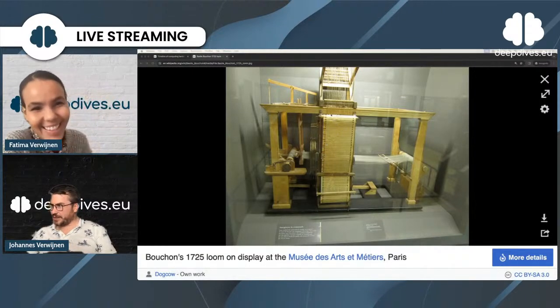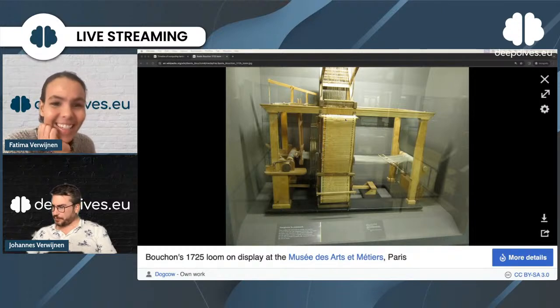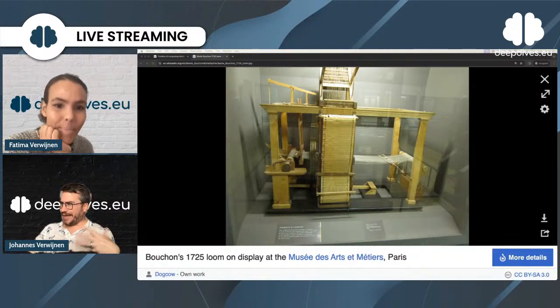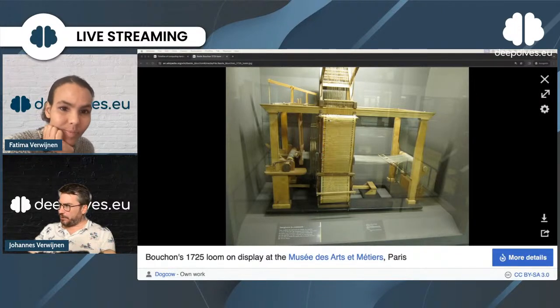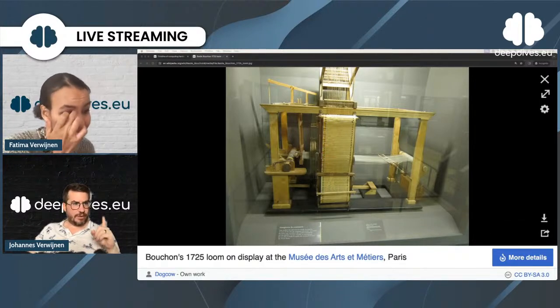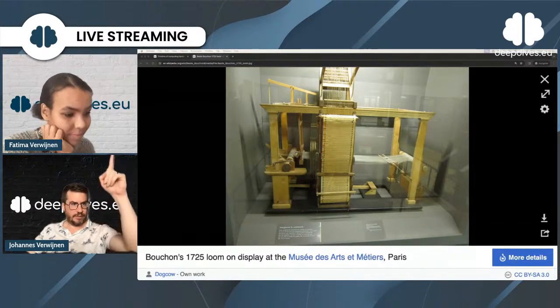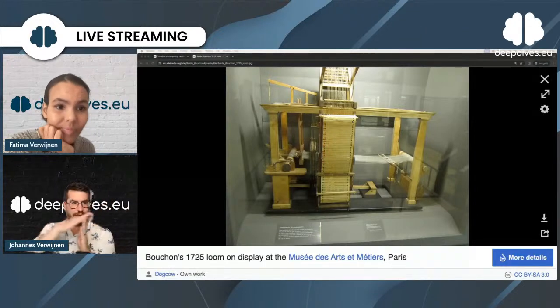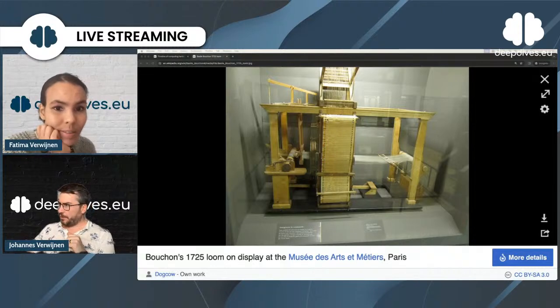So what it does is the loom creates a textile with a pattern. There is this paper with small holes in it, and whenever there's a hole, the thread will go through there, and if there's no hole, then the basic thread, the background color, is going to be used for that.